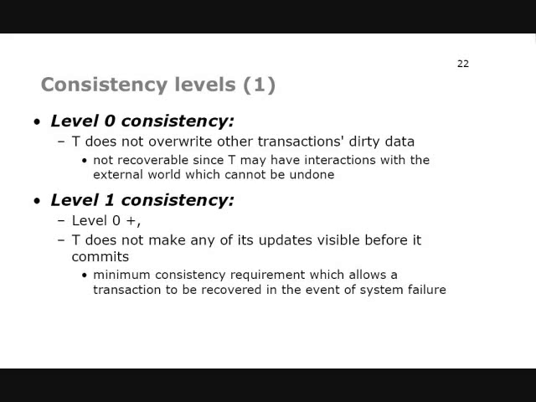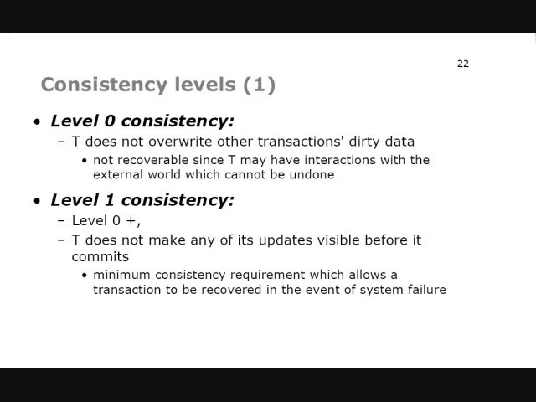If I want better consistency, level 1 consistency, I need level 0, i.e. I need a transaction that cannot overwrite the dirty data of foreign transactions, but at the same time, I want the transaction to not make any of its updates visible to others either.